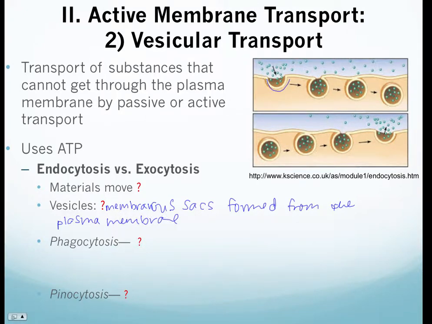In this example, I went over pinocytosis, so this is what's considered cell drinking. And that is, you can bring fluid in, or you can also bring in proteins and fats.